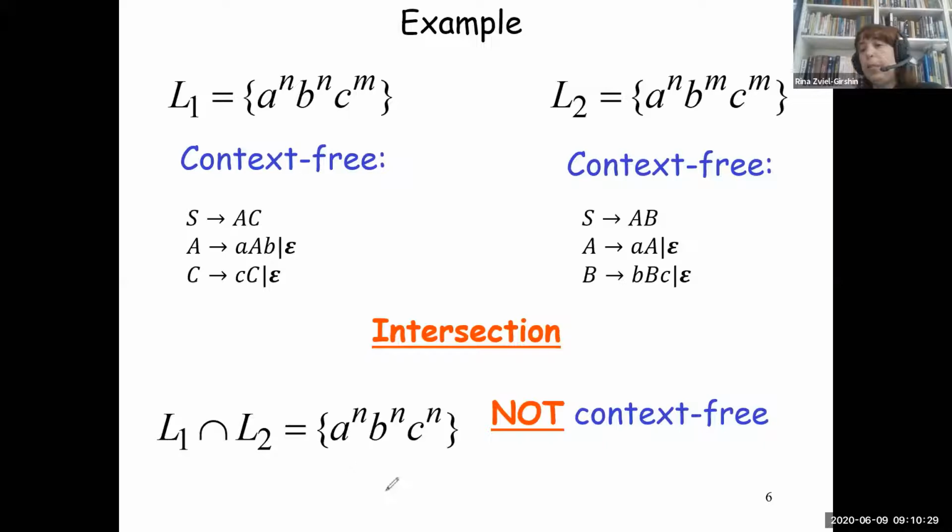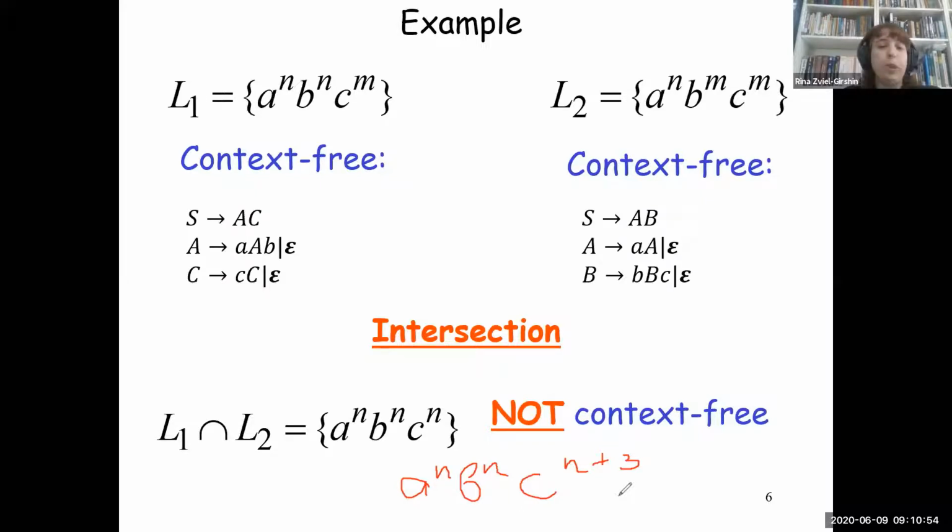Additional languages can be A to the power of N, B to the power of N, C, for example, to the power of N plus 3. I can't produce it because after I decided to compare the number of A's to the number of B's, I can't compare it with C's.